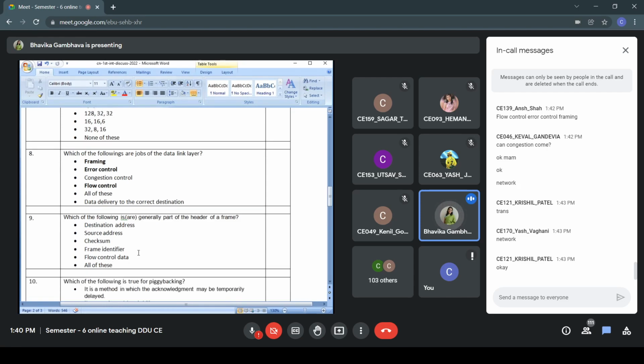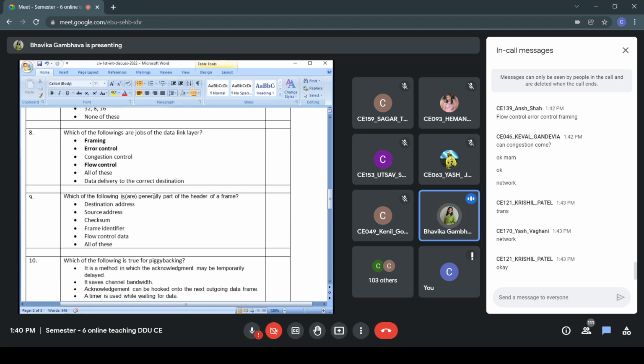Okay, the next one. Which one of the following are generally part of header of a frame? So again here, there are chances that multiple answers would be there. Can you tell me?